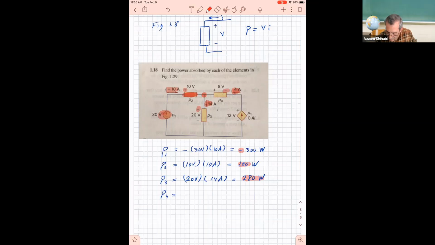So if I want to find the value of the power, I will say what? Negative, the voltage is what? 8 volts times 4 amps. And that will give me negative 32 watts.